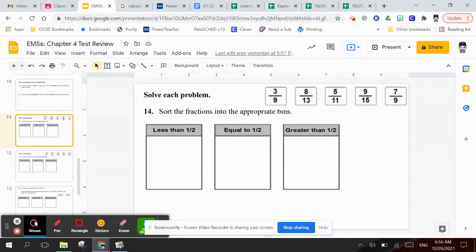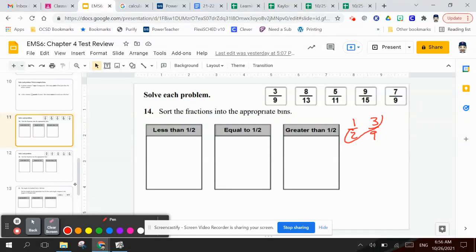Number 14 says we have to sort the fractions into the appropriate bins, which is less than 1/2, equal to 1/2, or greater than 1/2. So to do this, I kind of broke this up into 2 parts. So I have 3/9. So we can look at this one of 2 ways. One, I can multiply 1/2 and 3/9 and use my butterfly method and cross multiply to see which one is larger.